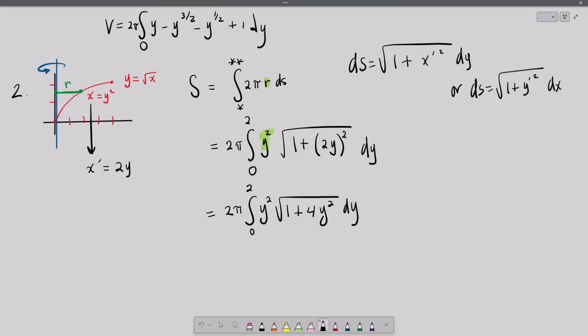On the exam, this will be integrable. And there's a chance this is integrable with u substitution. Normally, when we look at something like this, what we're hoping is that the derivative of the inside of the square root is right there. That's not the case here because the derivative of the inside is 8y, and this is a y squared.